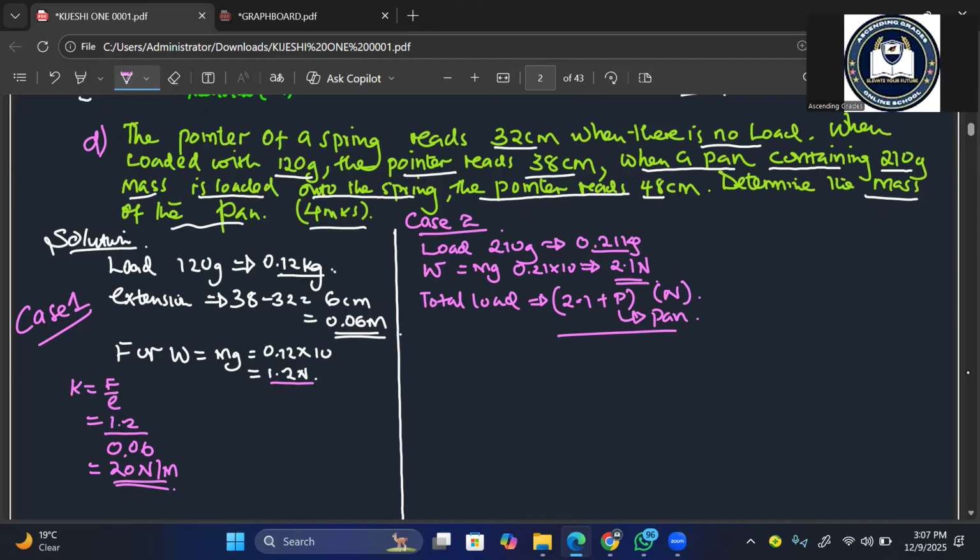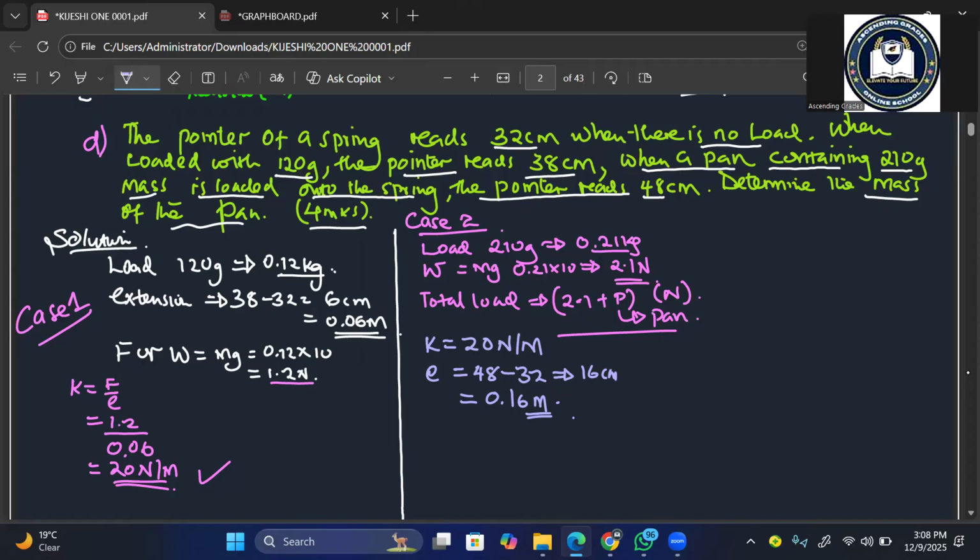So from this one, we have the spring constant of 20 Newton per meter. And we have an extension of 48 minus 32. And this is giving me 16 centimeters. And this is equivalent to 0.16 meters when you convert.